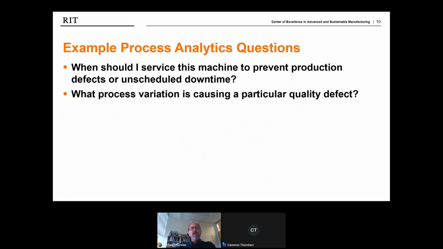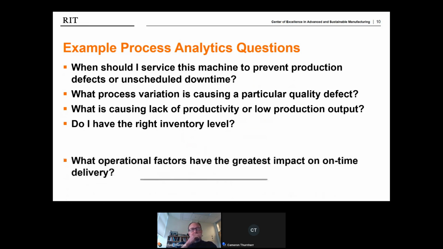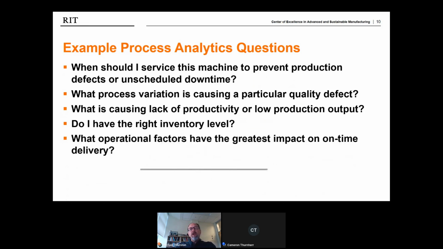What process variation is causing a particular quality defect? What is causing lack of productivity or low production output in the plant or on a particular line? Do I have the right inventory levels? What operational factors have the greatest impact on on-time delivery?